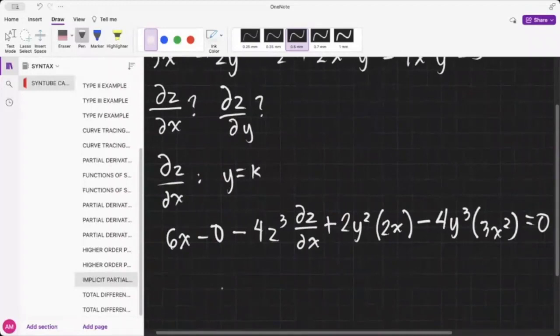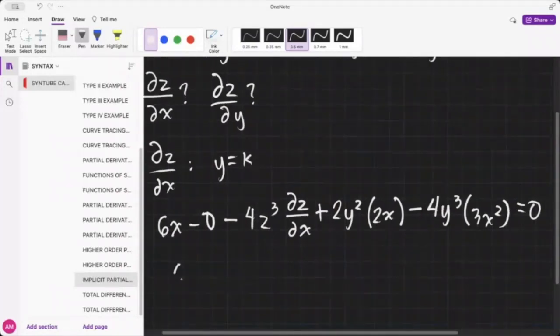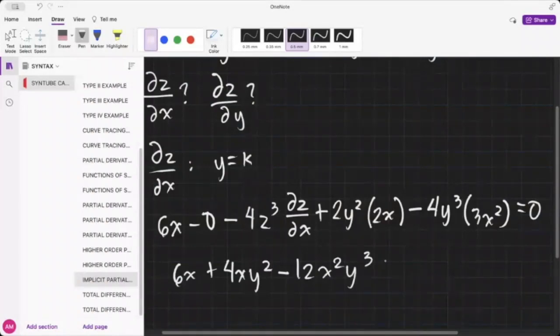Then, we'll get this. So, it becomes 6x plus 2y squared. Wait, let's simplify as well. 4xy squared minus 12x squared y cubed is equal to 4z cubed dz over dx.